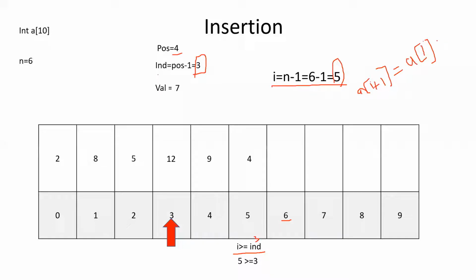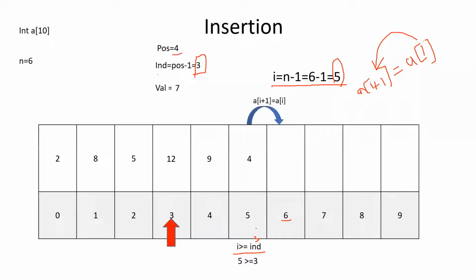Tejas, each time you are muting. The value at A of I is 4, right? We are copying the value at A of I into the position A of I plus 1. That means A of 5 is 5, right? So A of 5, what value we have? 4. 4 will be copied to the next position, that is A of I plus 1.